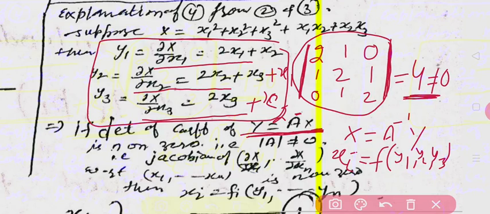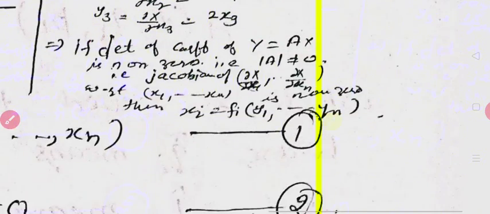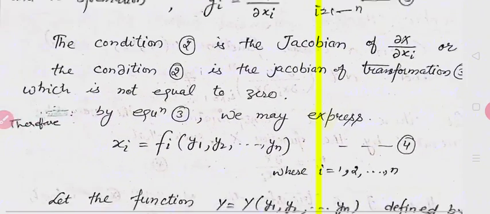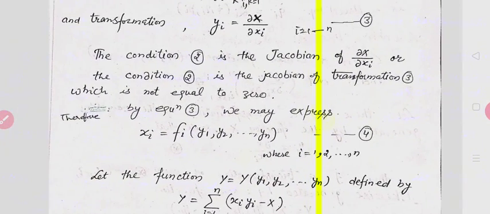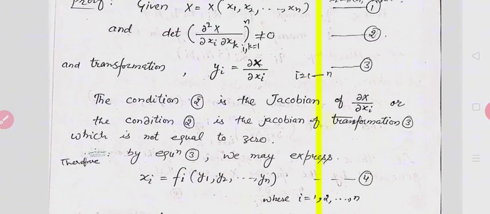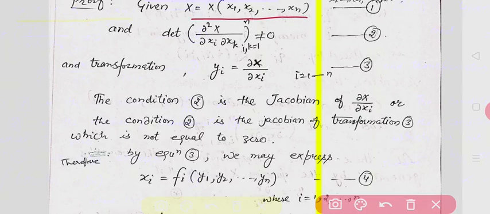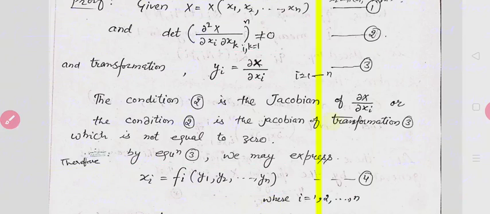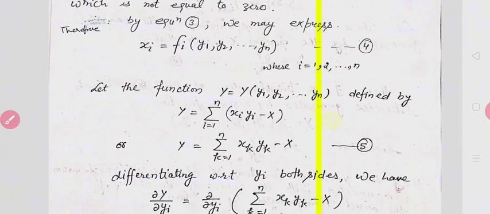So by using this calculation, in the general case you can say that xi is a function of y1, y2, y3, ..., yn, where i is varying from 1 to n.